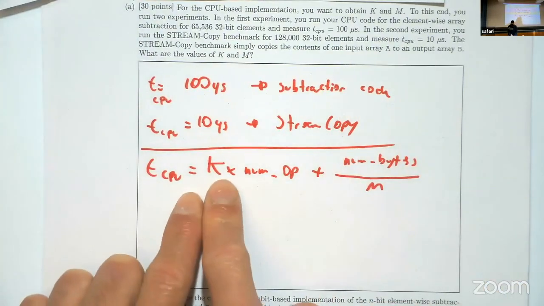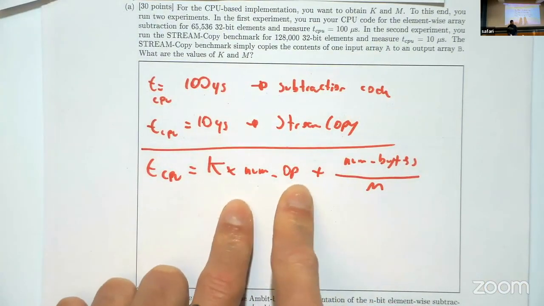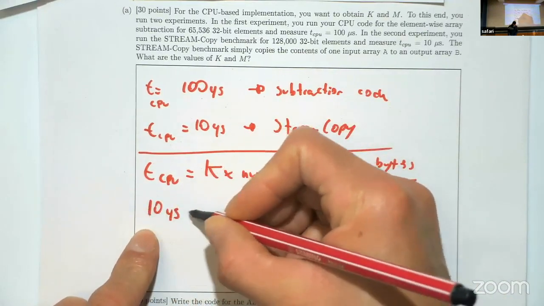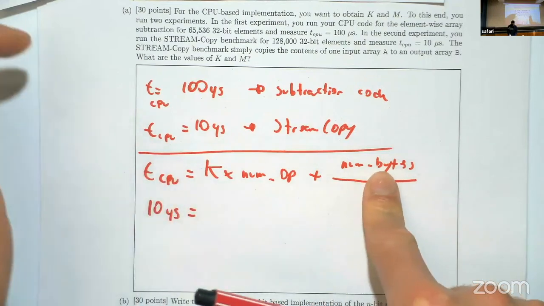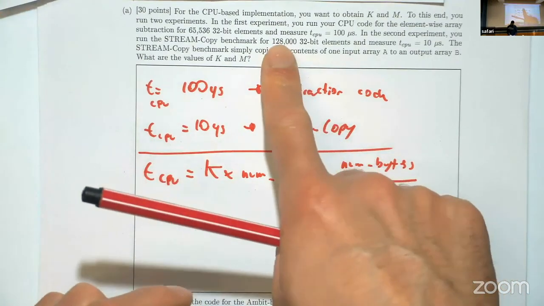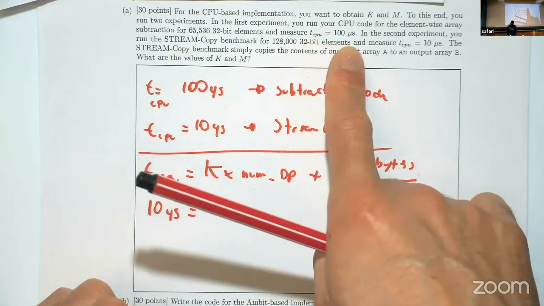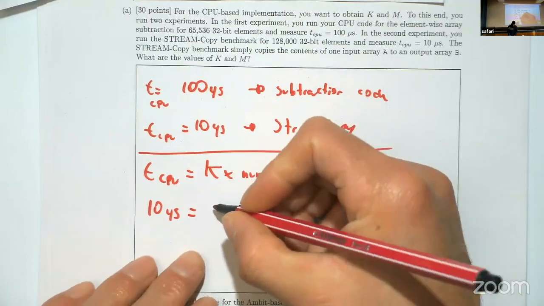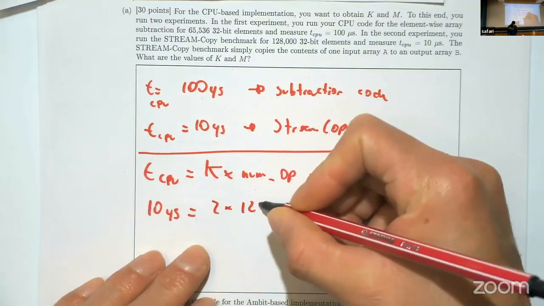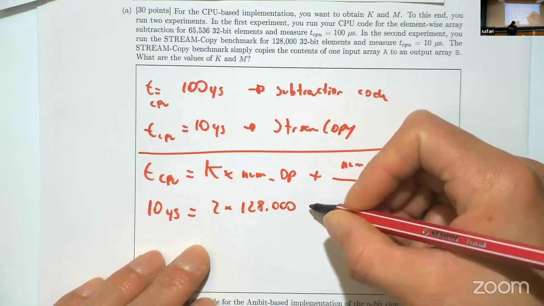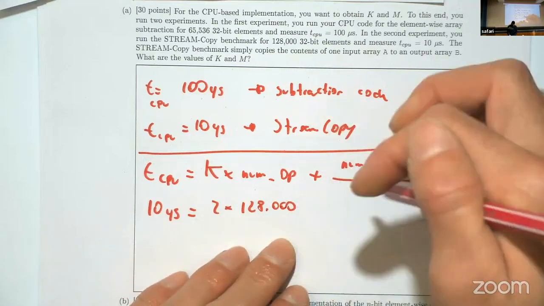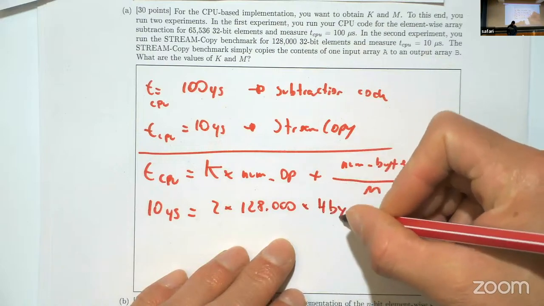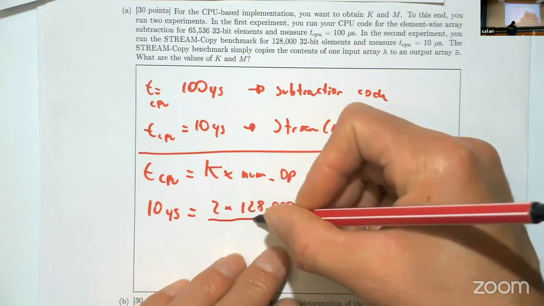So this first portion, K times num operations, is 0. So the 10 microseconds should be equal to the number of bytes that you're going to read. You're reading 128 32-bit elements, both input and output, so this is going to be 2 times that. And each one is 32 bits, so 4 bytes, divided by M.